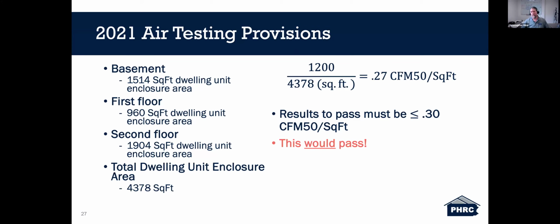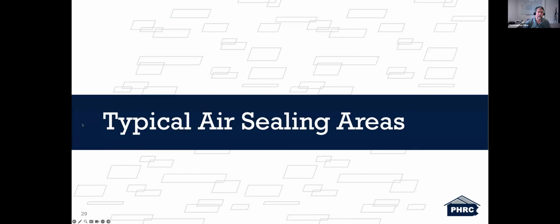So with all of that being said, these are the exact same air leakage, but looking at the testing requirements, a volume-based test versus the new square footage of dwelling unit enclosure area, this would pass in the 2021 provisions.